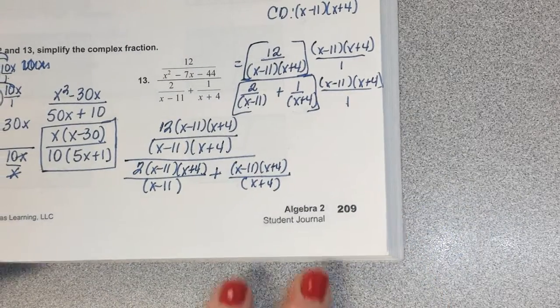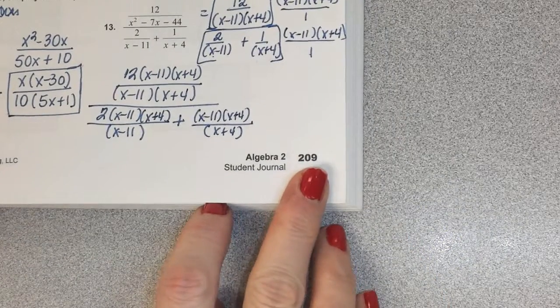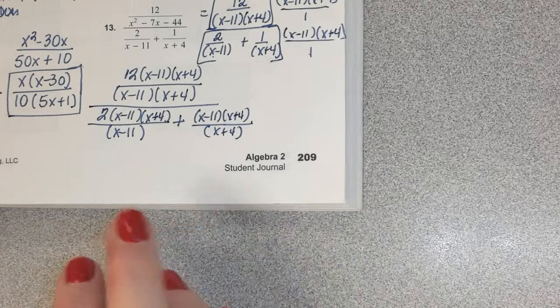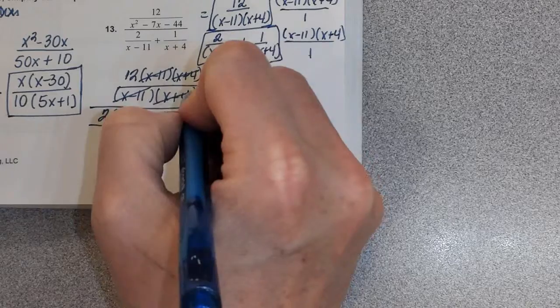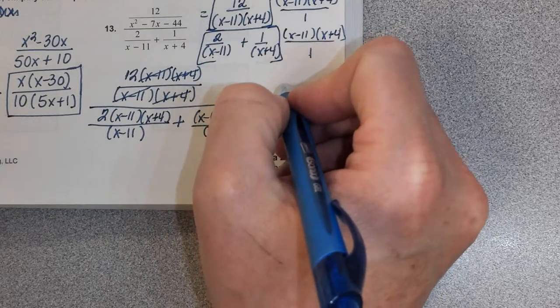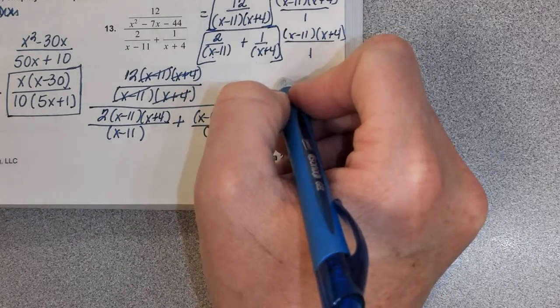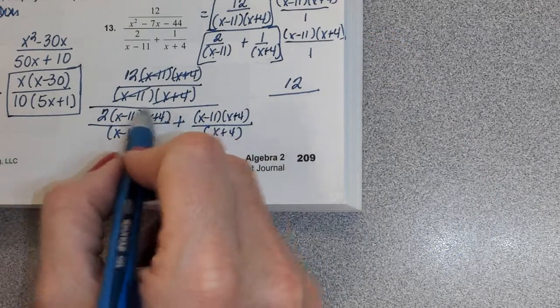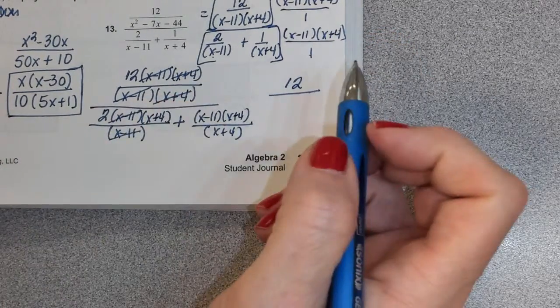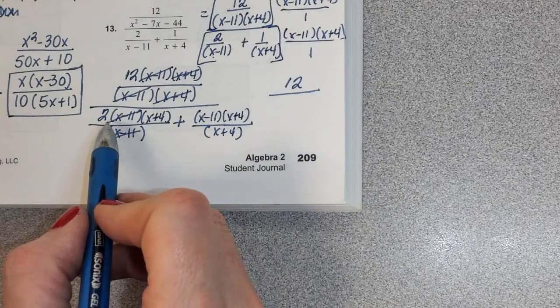You do not have to show that step if you don't need to, because look what's going to happen. Those cancel, those cancel. So what am I just left with on the top? Just 12. For this term, the x minus 11's cancel. And I'm going to go ahead and distribute this out.